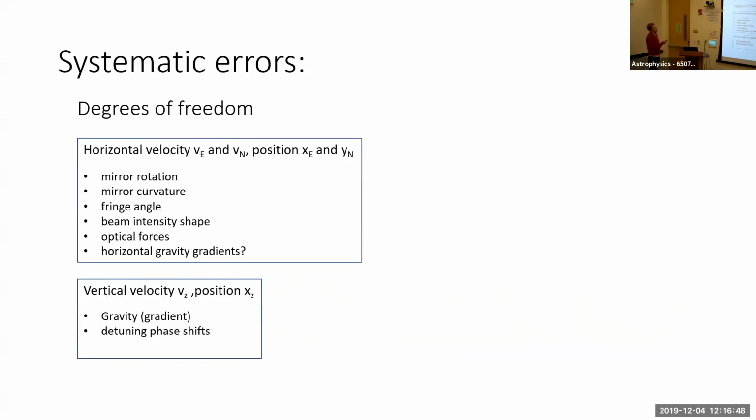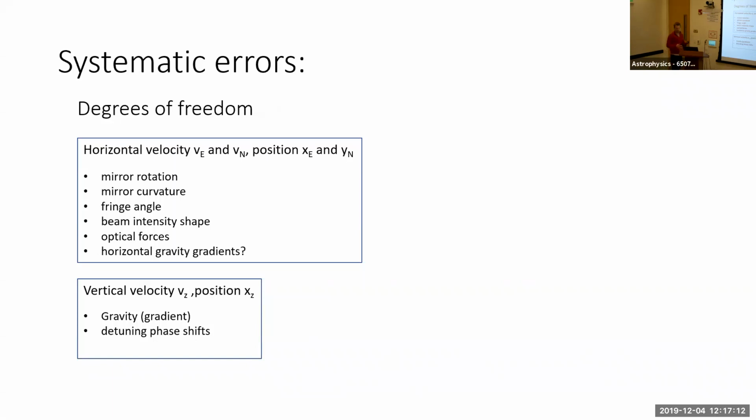So what do they couple to in the horizontal case? Mirror rotation. If you have different velocities or position, then it will look like a different phase in the final image, depending on where the mirror rotates. There is mirror curvature, which means that the mirror where the beams are reflected off is not flat. That creates some horizontal phase shifts.